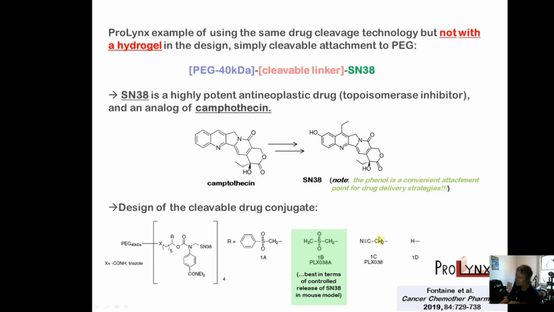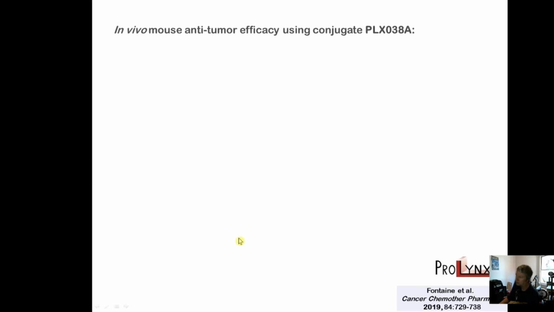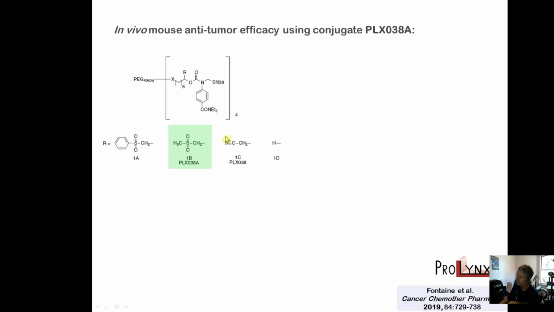But for different species, or maybe different drugs, you would maybe use different ones of these. Okay. All right. So this is a really cool study that shows this PLX038A as a drug delivery method for a mouse.